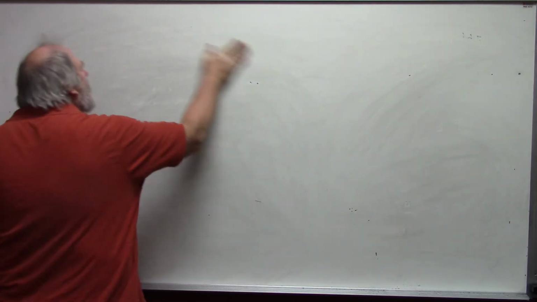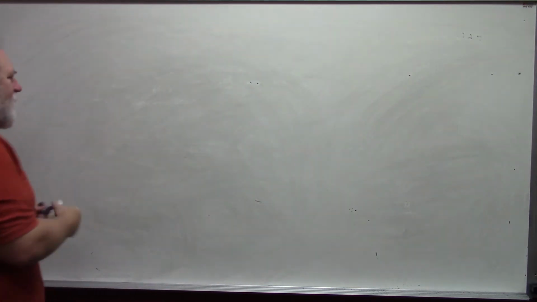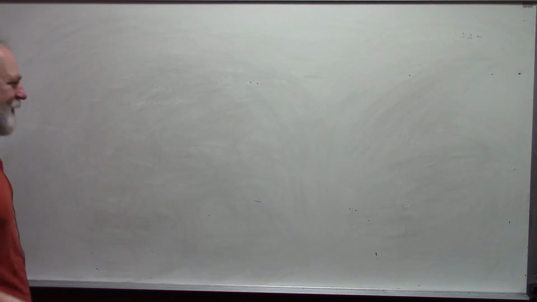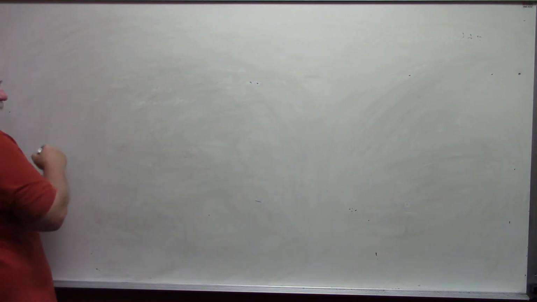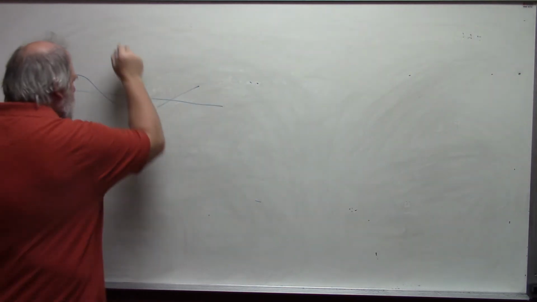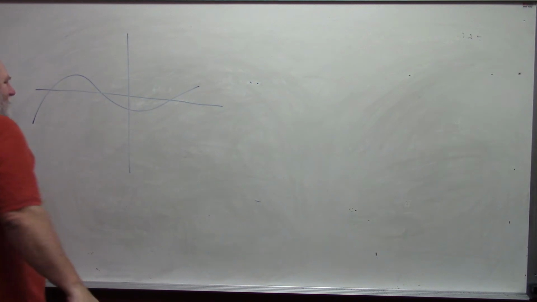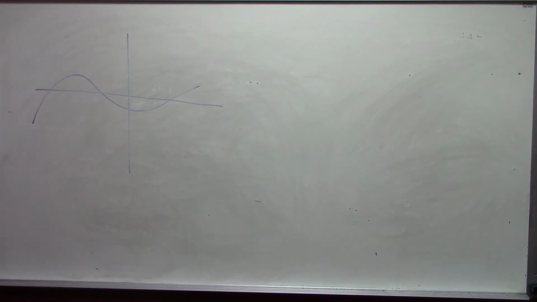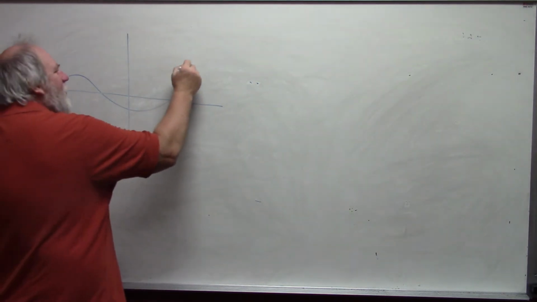The graph of the first derivative function can tell us about the second derivative, or the concavity of the original function. Let's suppose that I have a function that looks like this. Let me put it in an axis. This is the graph of f prime of x.